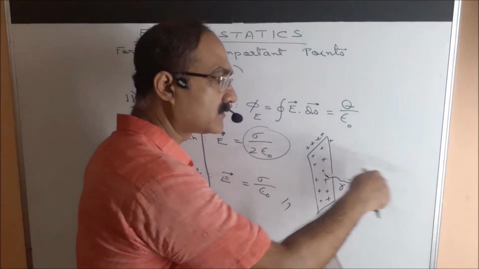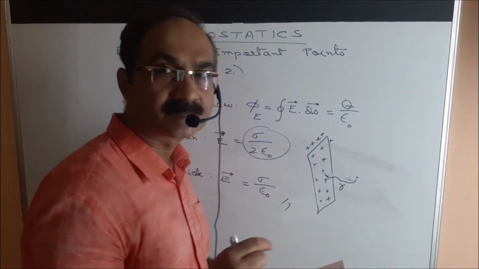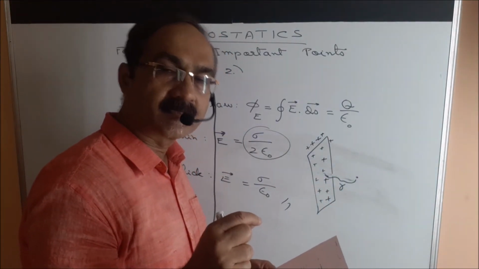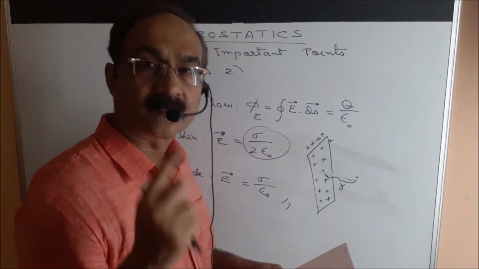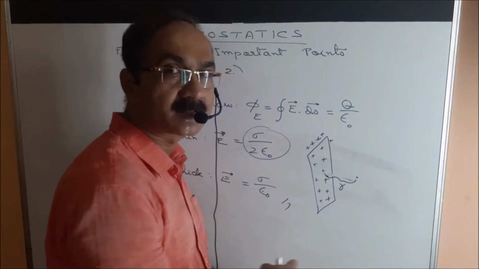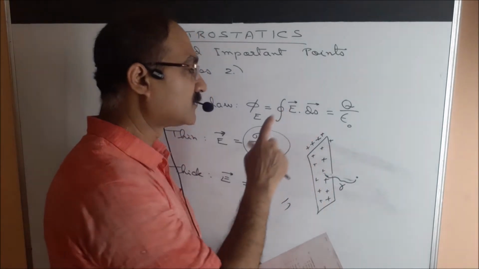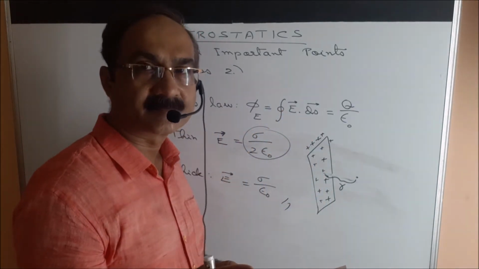How can the electric field be the same whether it's near the sheet or away from the sheet? But it is true. Remember, this sheet that we have taken is an infinite charge sheet. For that condition, this formula is valid.